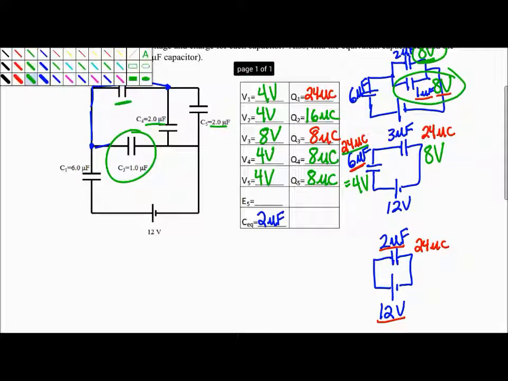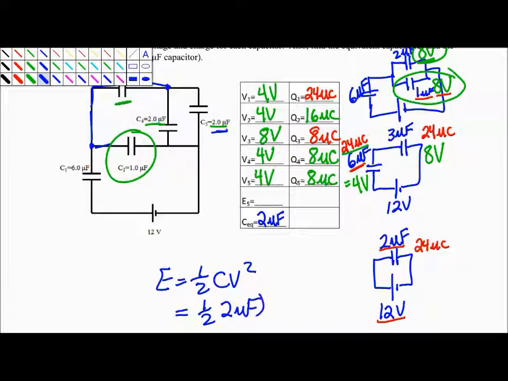E is 1/2 CV squared, so that is equal to 1/2 of C5, which was 2 microfarads, times V squared, 4 squared. Half of 2 is 1. That's 16 microjoules.